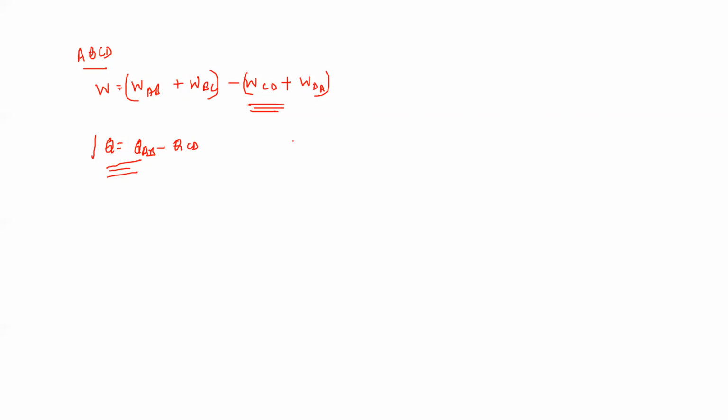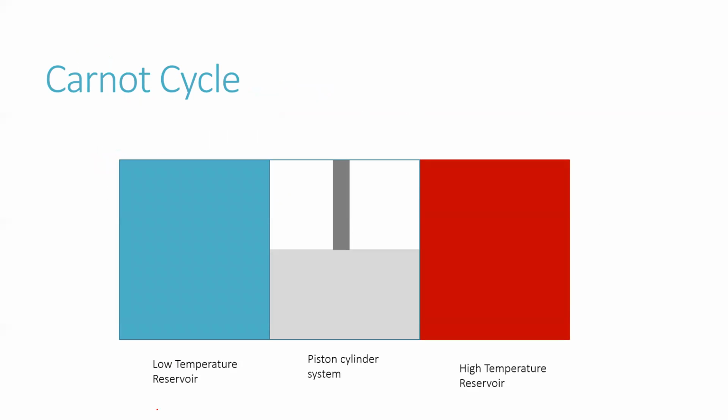Now let's go back to our actual system that we talked about, and let's see how it actually works. So first of all, in the first step, what happens? The gas is going to absorb heat isothermally from the high temperature reservoir.